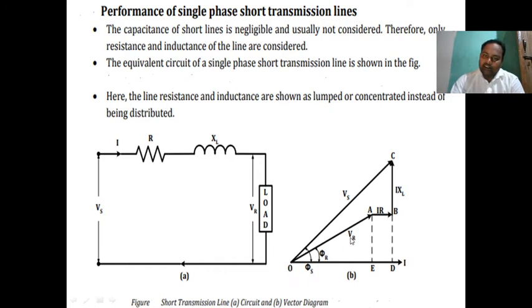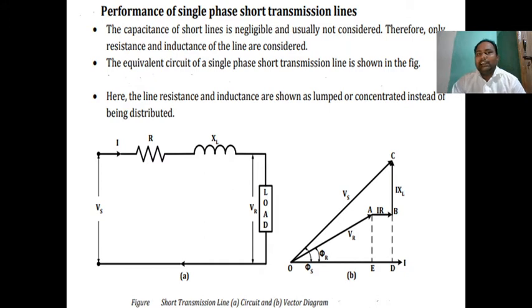Vr, the receiving end voltage, is taken as the reference. In any diagram, Vr is taken as the reference. What does reference mean? Vr is at an angle of 0 degrees. The vector diagram starts from Vr.